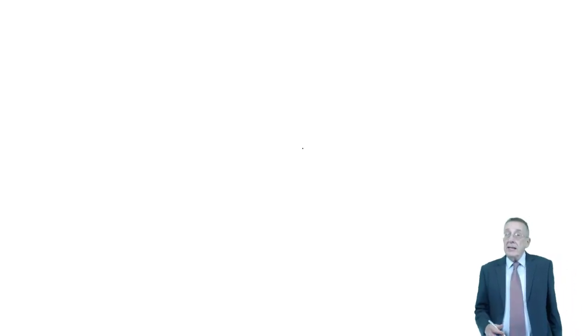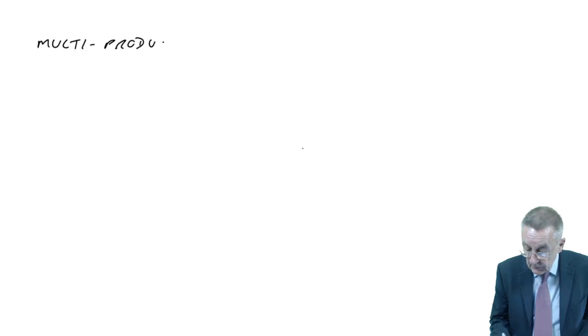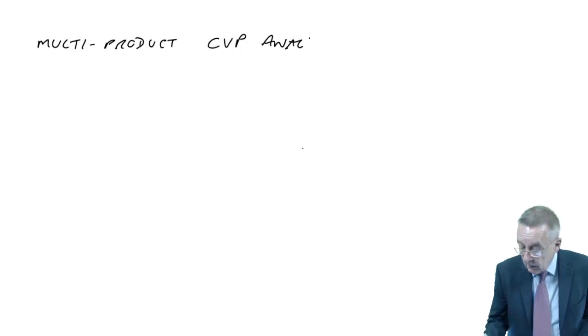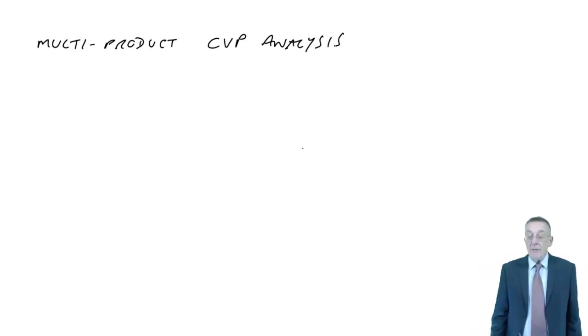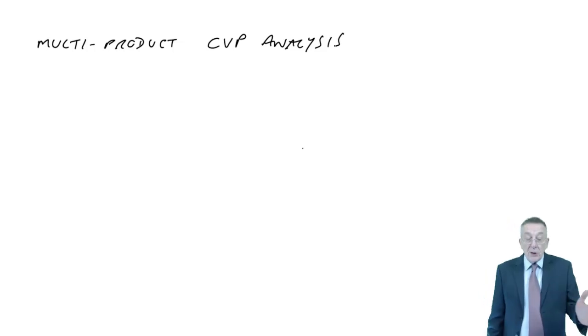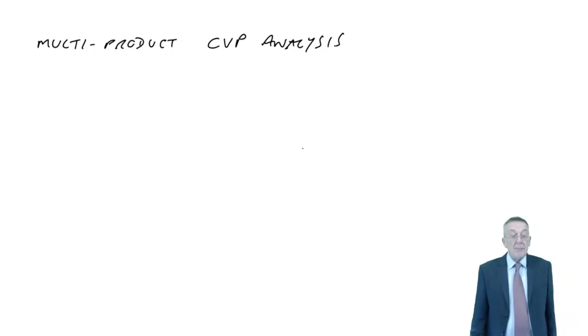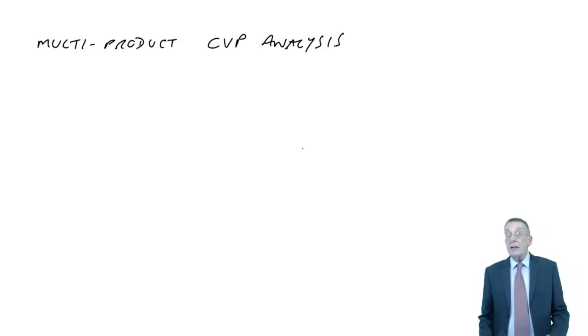Well, what the examiner did introduce into the syllabus about 2 years ago was something called multi-product cost volume profit analysis, which of course rather explains itself. The same sort of idea as before, but this time where we have more than one product.